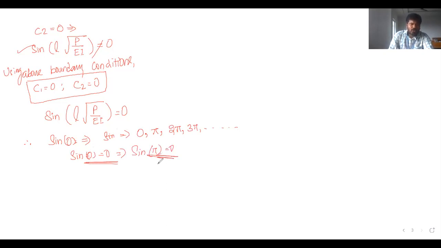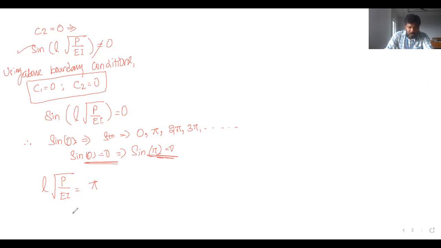So now I am going to substitute this value. L into root under P by EI is equal to pi. I cannot simply substitute 0, since I already said here it is not equal to 0. So pi I can give.